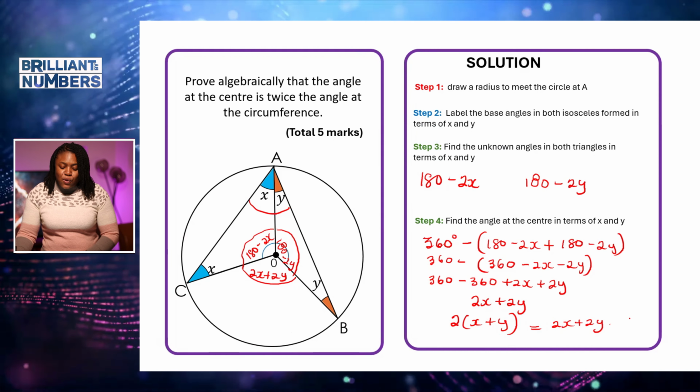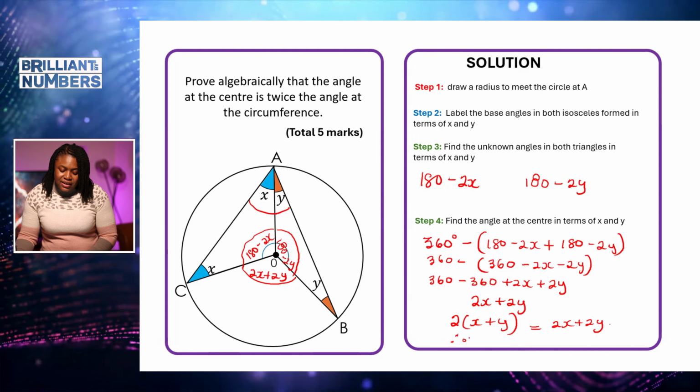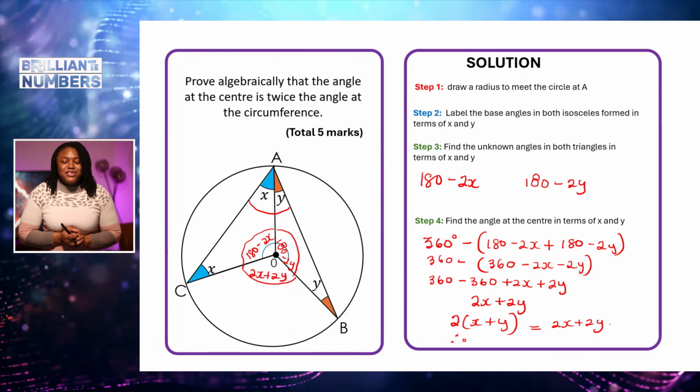So therefore, I have proven that the angle at the center is twice the one on the circumference. 5 marks. 5 marks is a big marker to up your grade. And so then, I am so happy that you are now able to do this.